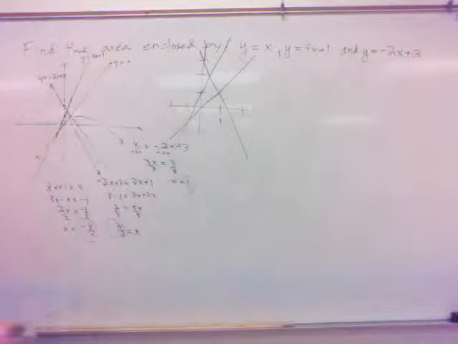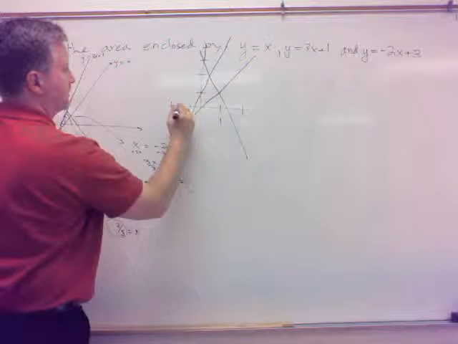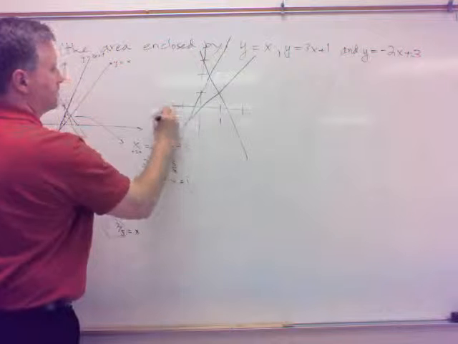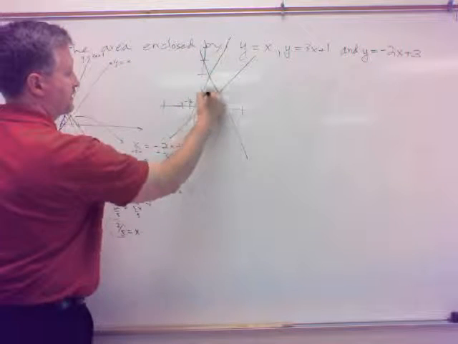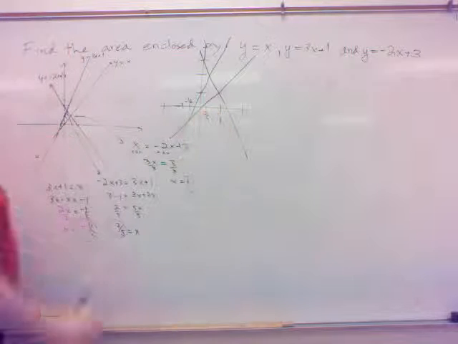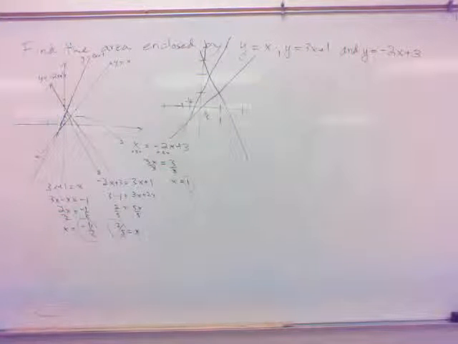Oh, that point's just too close. Okay. So we got negative a half, positive 1, and then this one is 2/5. What are we going to have to do to get the area between it, though?